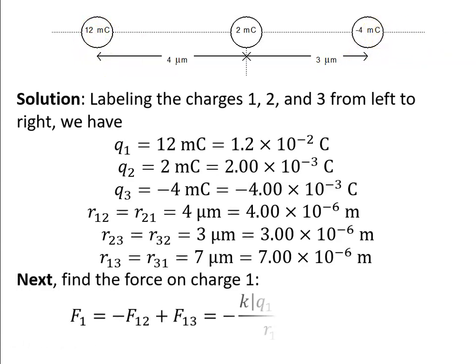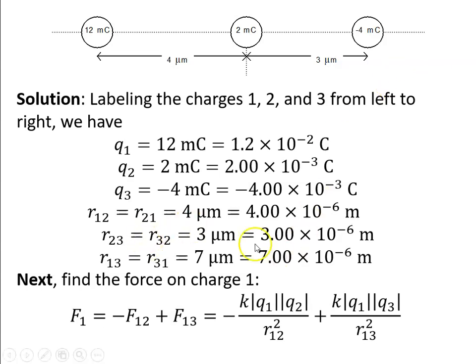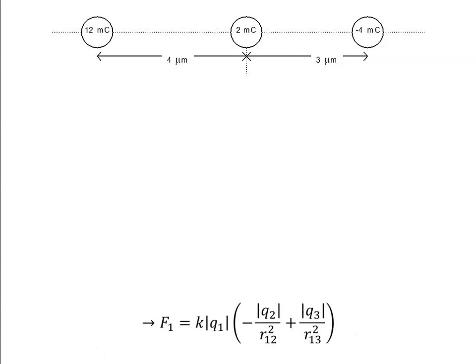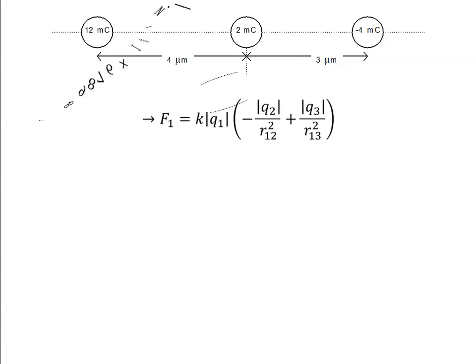So now, here is where we plug in our Coulomb's laws. Again, I just copied this equation from the previous slide, that the force on charge 1 is equal to the force on 1 due to 2, but that's to the left, plus the force on 1 due to 3, and that is to the right. And now we are ready to plug in our numbers.